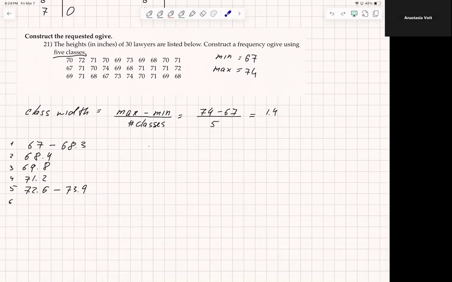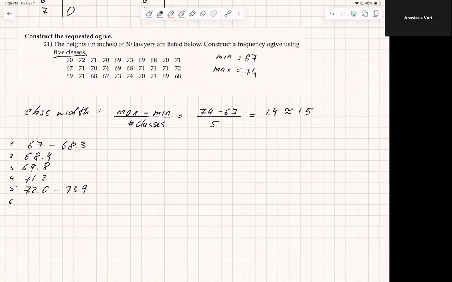So that means that it is a good idea to round our class width a bit higher. So we would have 1.5 as our class width for this case, right? And don't be afraid to adjust it a bit as long as it's somewhere within the acceptable class width.